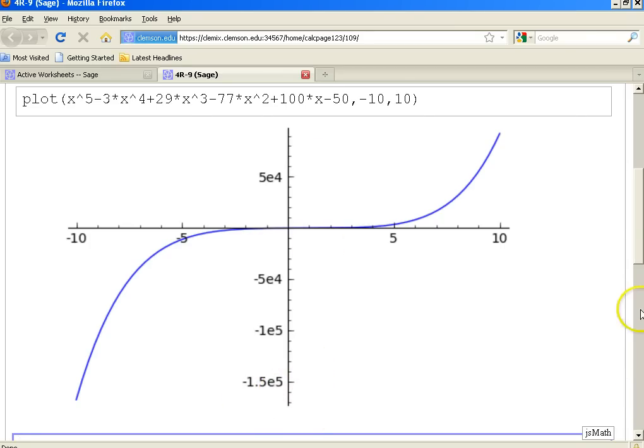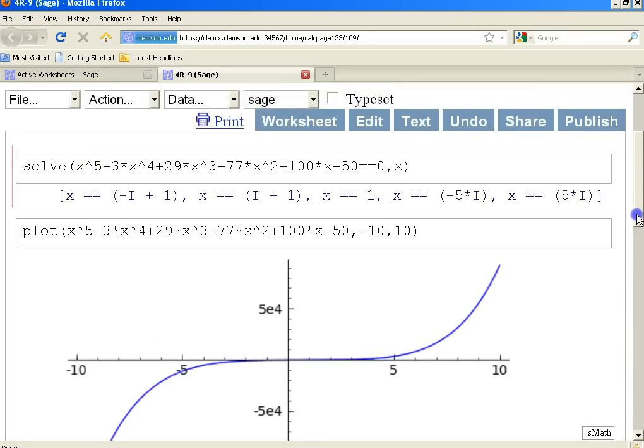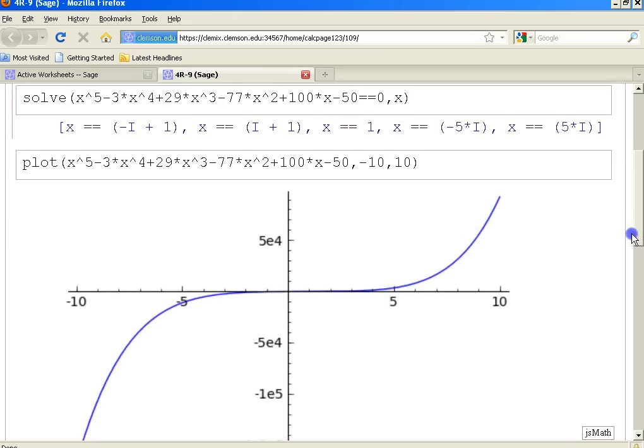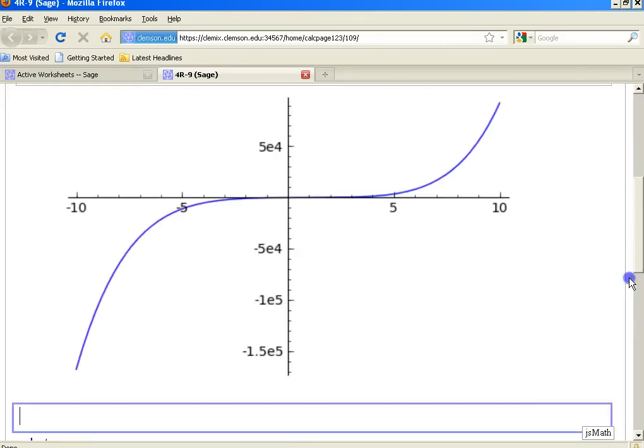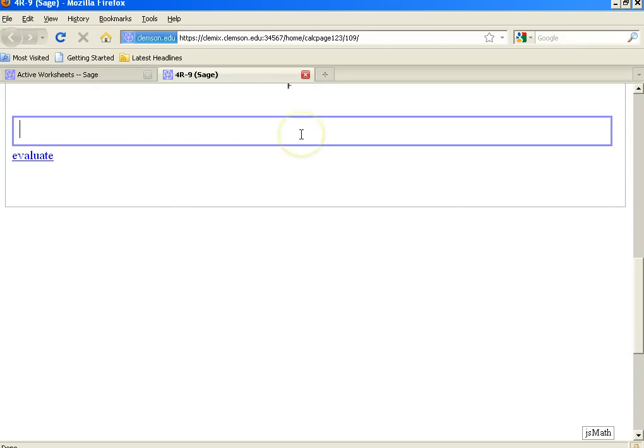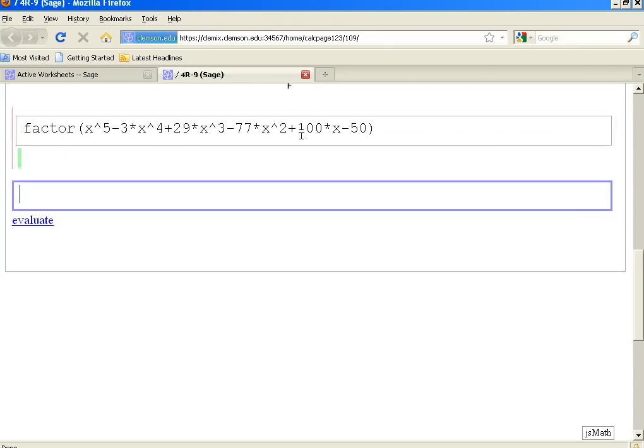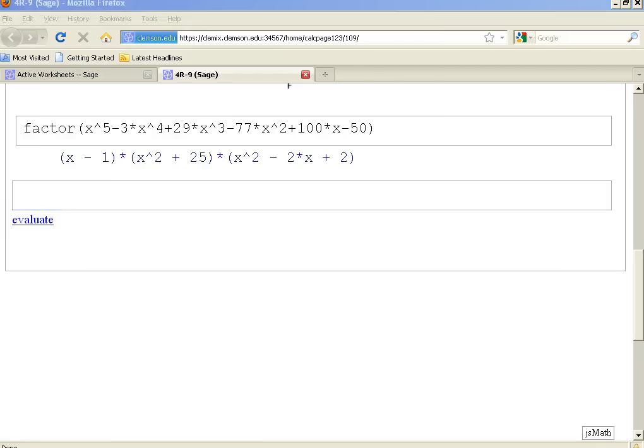Okay, well now wait. Can this thing factor? I bet it can. Can it factor this mess for us? Yeah. Let's see. Factor. Are you serious? I didn't do this type. Oh yeah, there you go. Well, that's not factored the way we had it, because look what we had.